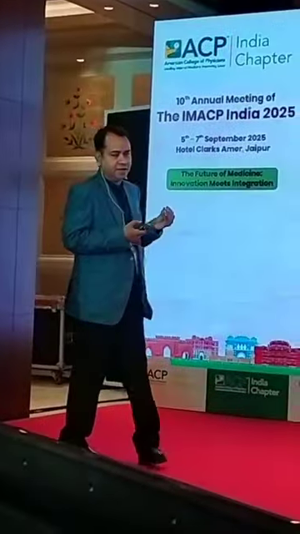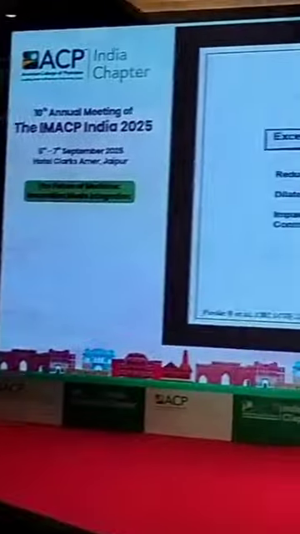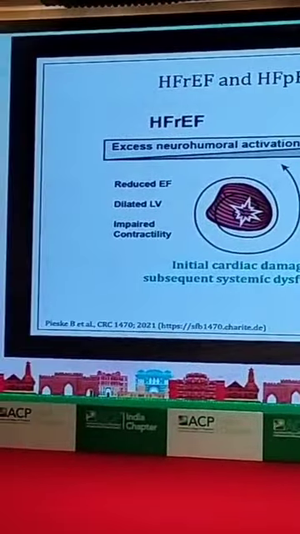So an important part of HFpEF is the problem in the diastolic property, the filling. If you encounter an HFpEF patient, more than 90% of patients have either grade 2 or grade 3 diastolic dysfunction. And in the criteria for the diagnosis of HFpEF, there are 4 criteria initially built up.